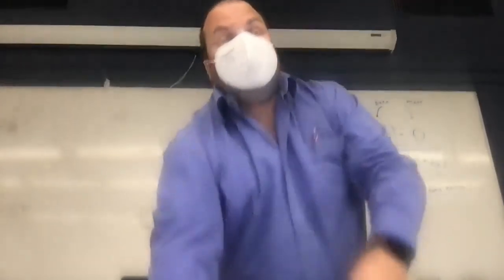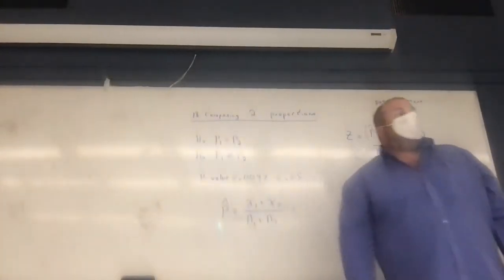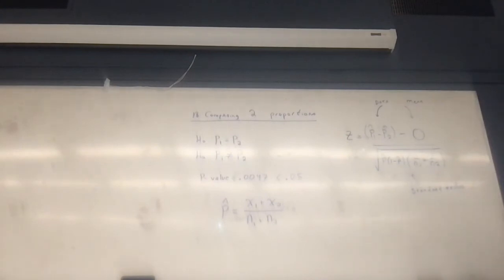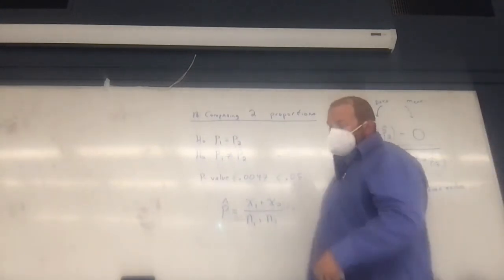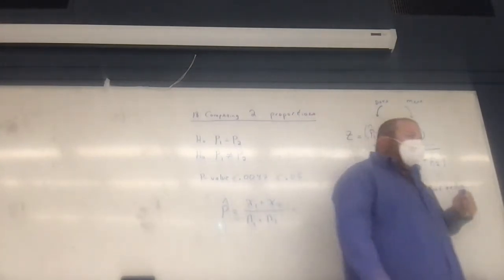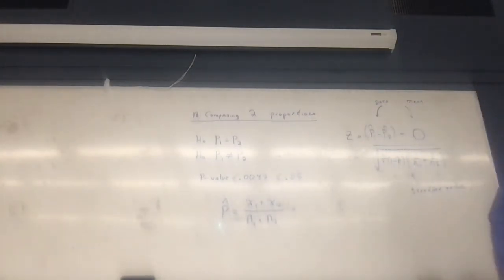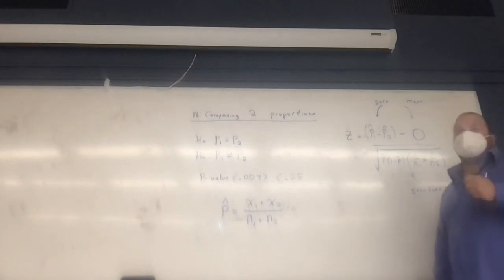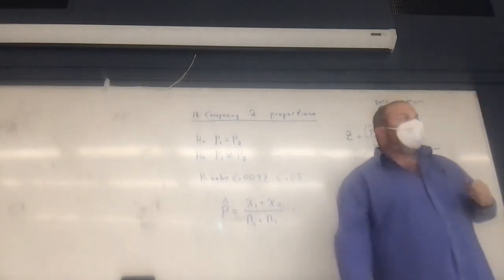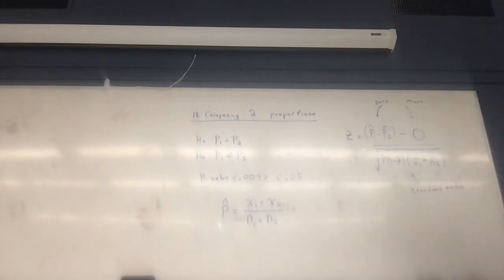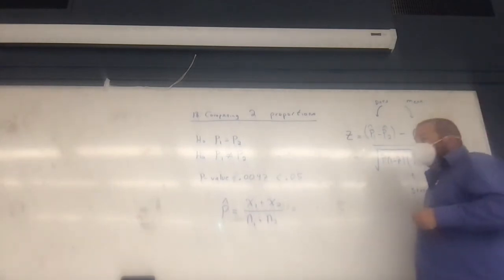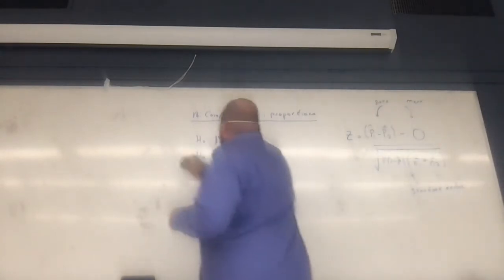Now, remember, when it came time for proportions, we only used the formula for proportions if a certain condition was met. Who remembers what that condition was for one proportion for us to be able to use our general formula?